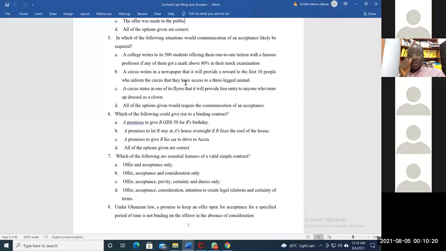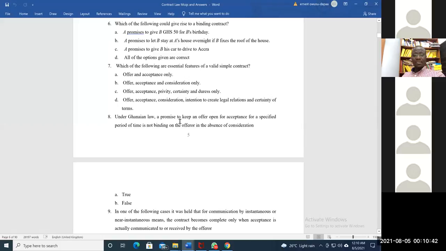Acceptance is by doing. So all that we have to find out is which of the options given is a unilateral acceptance, and the one which is a bilateral contract, then there's a requirement for communication of acceptance. So I think that is enough about unilateral offer and bilateral offer. Let's move on to question 7.